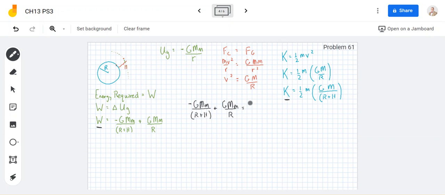That's equal to 1/2. Now, that's really interesting because I notice this is 1/2 GMm over R plus h. This is negative GMm over R plus h. I think those are like terms.